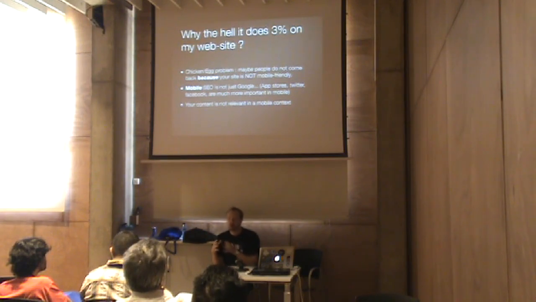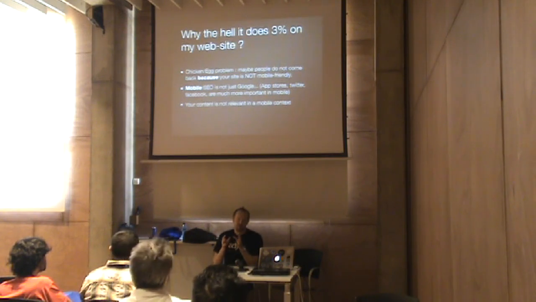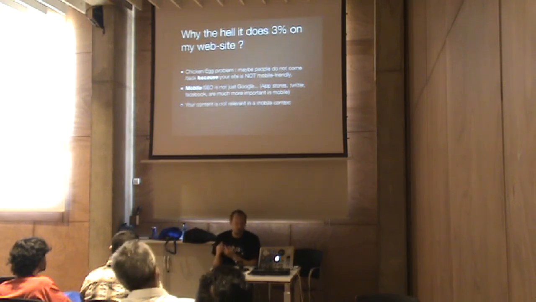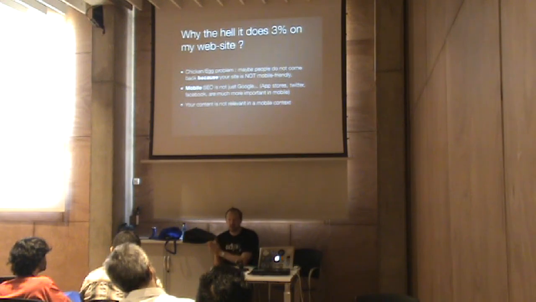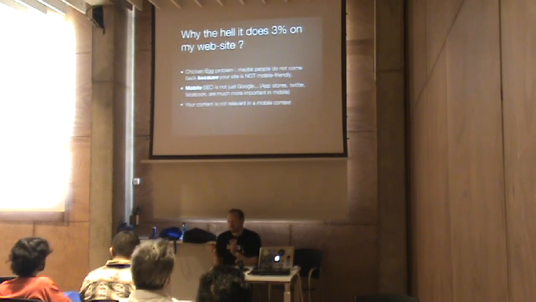Usually when users arrive on your website, it's not because they typed something in Google, but usually they downloaded something from the app stores, or they followed links in Twitter, or they came through Facebook. So I think in mobile, it's kind of 2 times more important than just Google. The last thing is that maybe your content is just not relevant for mobile context. I mean, if you are selling jeans, I will not go on the jeans web store on my mobile phone. That's useless.